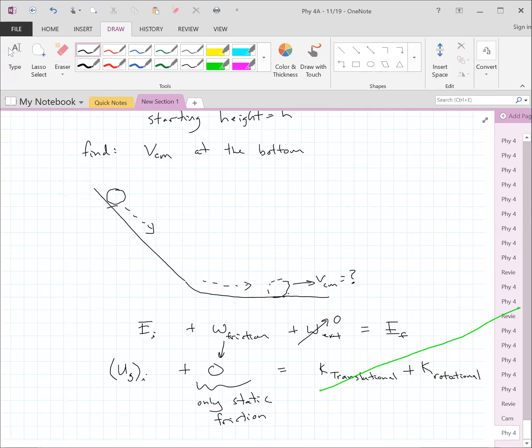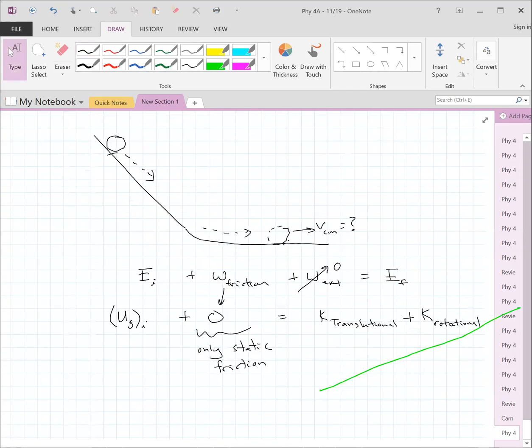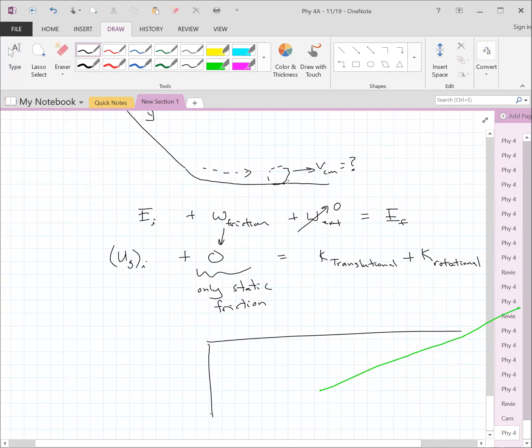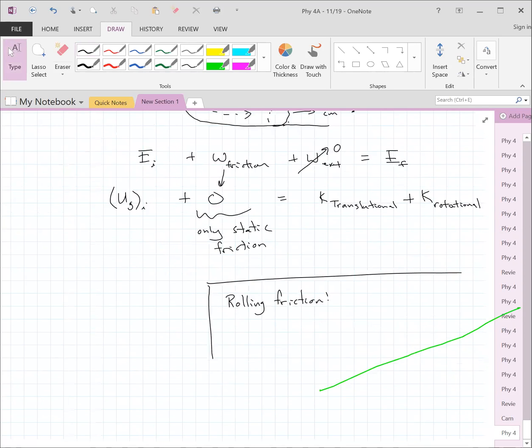So let's talk for a minute about something called rolling friction. I'll have a little aside here, and then we'll come back to this problem. So what happens when a real-world object rotates, like the tires on your car?